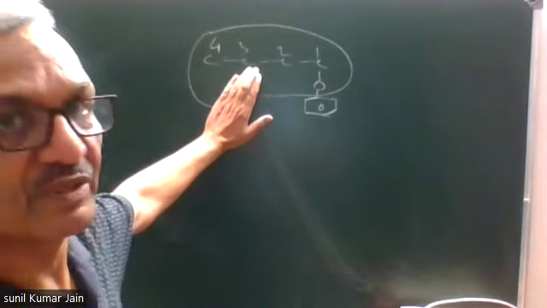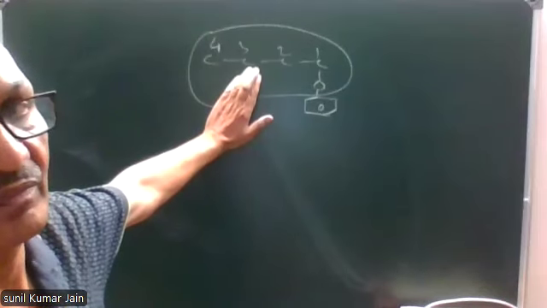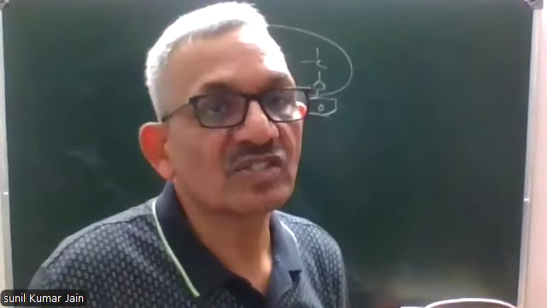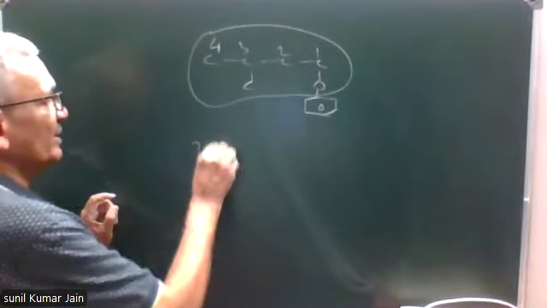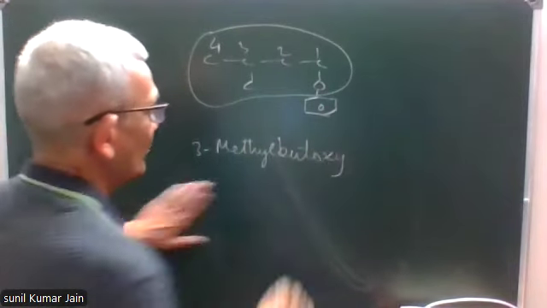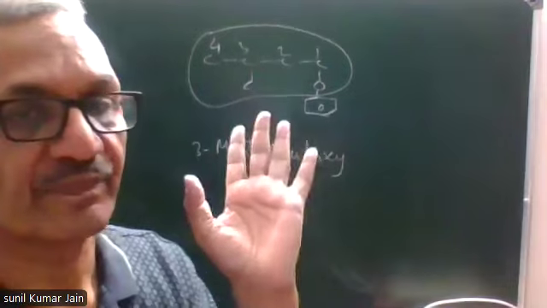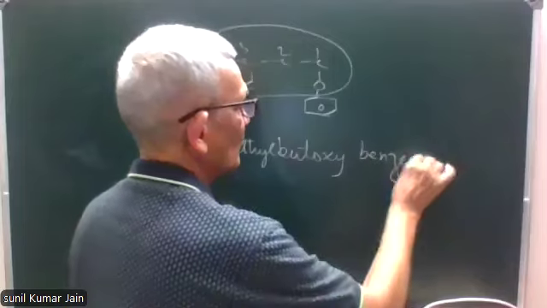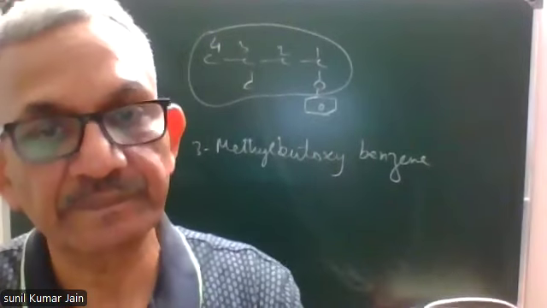If you forget about the side chain, what you are able to see is butoxy. At carbon number 3 of butoxy, a methyl side chain is present. So this is 3-methyl butoxy, attached to benzene. So the IUPAC name is 3-methyl butoxy benzene.